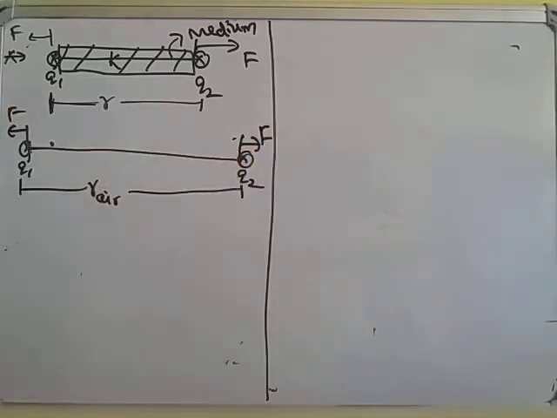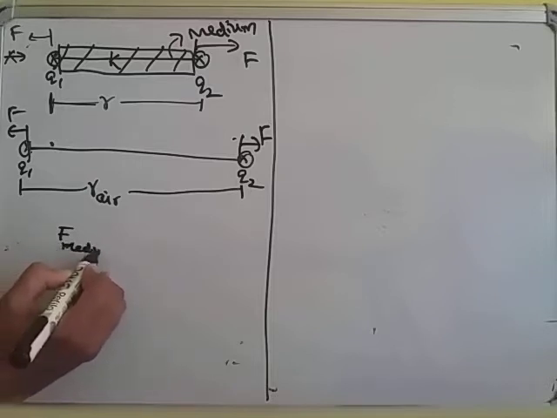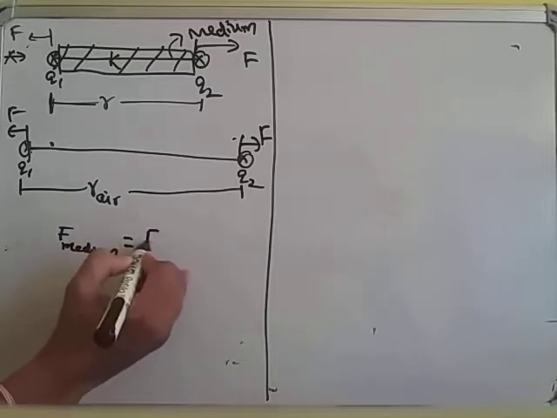And now I will give the question. Two charges q1 and q2 are placed in a dielectric medium at a certain distance. To get the same force between the charges, what is the equivalent distance that we have to keep the charges in air medium? For that, the condition is that the force in medium is equal to the force in free space.